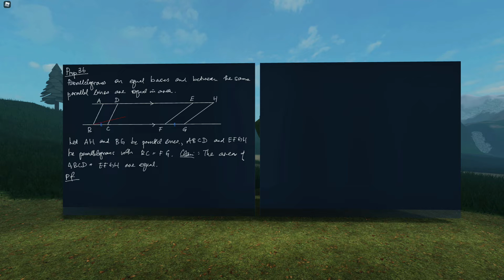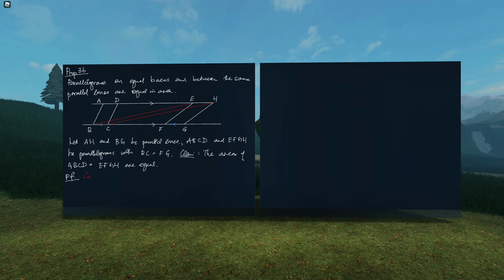I'm going to draw a line BE and CH. So this thing is going to be the common parallelogram that links these two. Recall last week that we had a proposition that said that parallelograms with the same base have equal areas, and now you can already see where this is going. We're going to use the red parallelogram to apply last week's proposition.